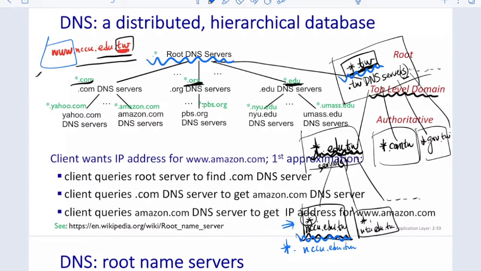So theoretically, there will be 13 root DNS servers. Those DNS servers are only responsible for resolving top-level domains. So those 13 IPs, 13 hosts, know where to find the server that can resolve .tw, .edu, .org, .com, .uk, .jp, something like that.